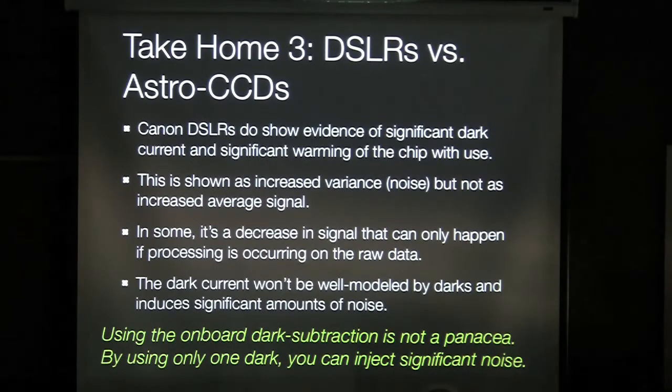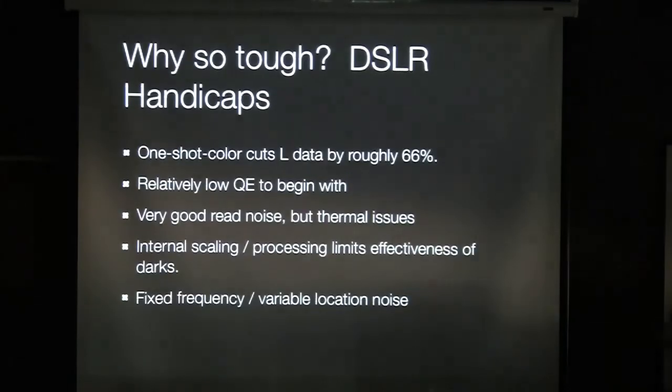You have one sample of that instead of 50. So all the variability in that, because no two dark frames next to each other look exactly alike, you're subtracting out something that probably isn't in your light frame because it's just a noise component. So you're injecting noise into the image. You're taking some out, but you're injecting others in. So it's not going to be an absolute cure-all for you.